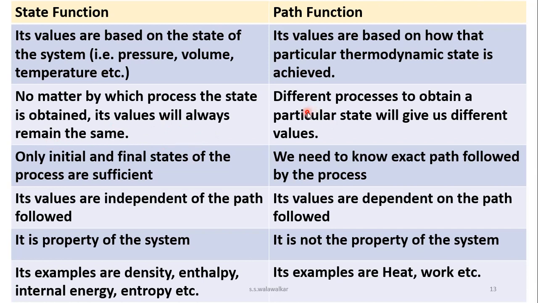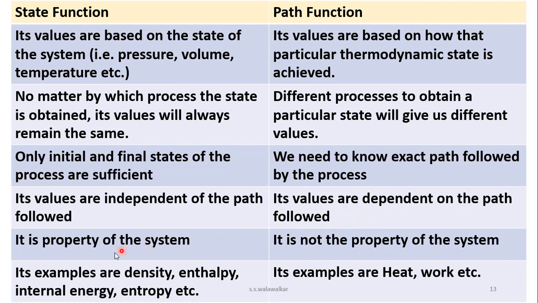Whereas in a path function, different processes to obtain a particular state will give different values. That means it depends upon path. For a state function, only the initial and final state of the process are sufficient. But here we need to know the exact path followed by the process to reach the final state. In case of a state function, values are independent of the path followed. But in case of a path function, its values depend on the path followed.